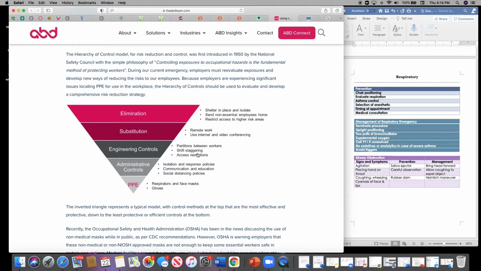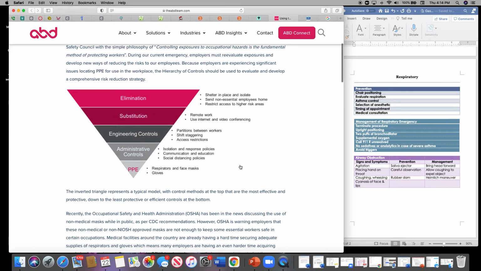Engineering controls are partitions between workers, shift staggering, access restrictions. A lot of these are still in place in a lot of places. And then administrative controls are isolation and response policies, communication, education, social distancing policies, and then PPE, like the N95s, gloves, face shields, gowns.